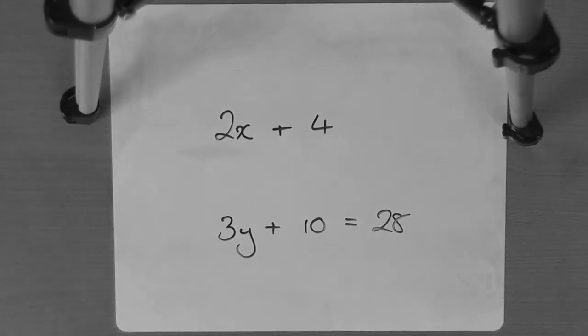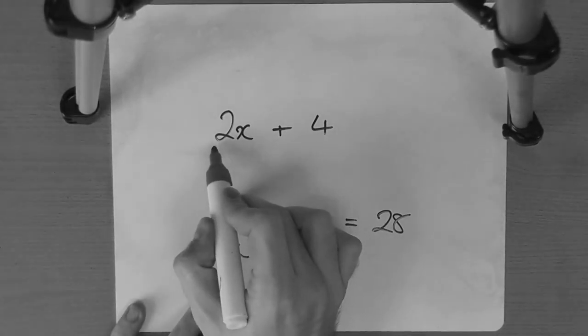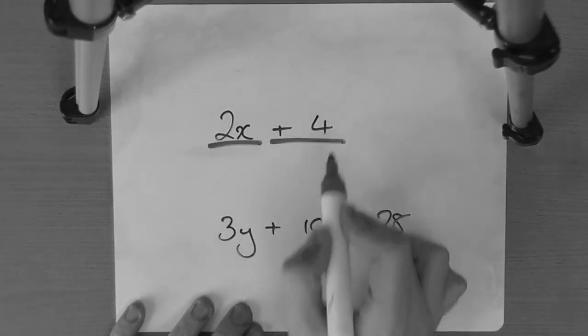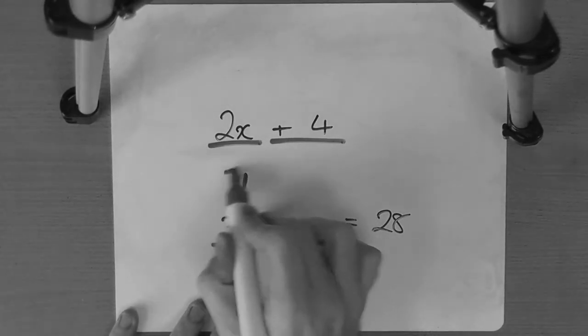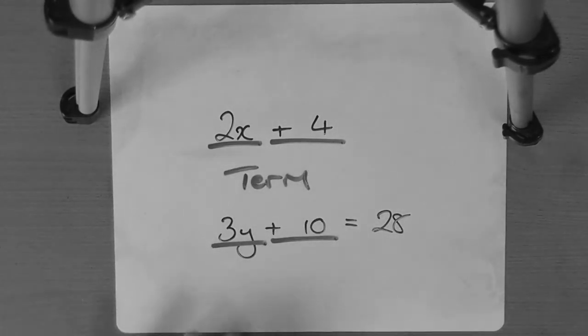If we have equations or expressions here with the 2x plus 4, so the 2x, the plus 4, the 3y, and the plus 10 in these expressions and equations, each of these is a term. So a term is a bit of algebra within the bigger bit.